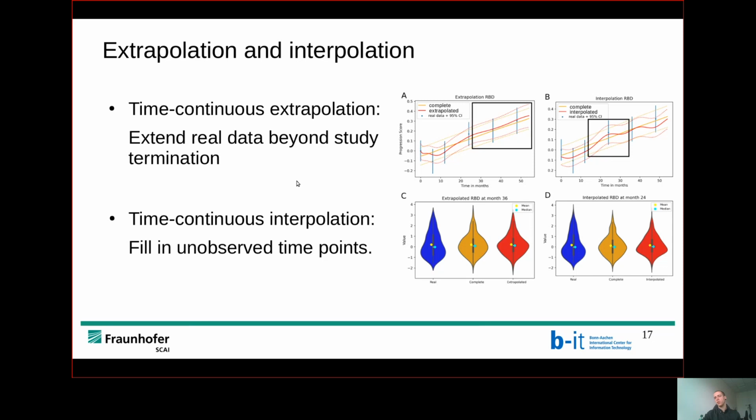And this, again, holds true for 82% of the longitudinal variables that we looked at. And again, as has been the case for the extrapolated data, also for the interpolated data, the marginal distributions at the interpolated time points fairly closely resemble the real data marginal distributions, and especially the mean and median are tightly fit.